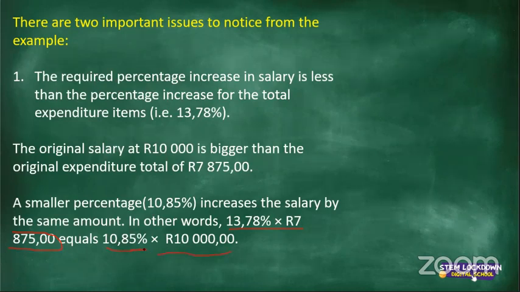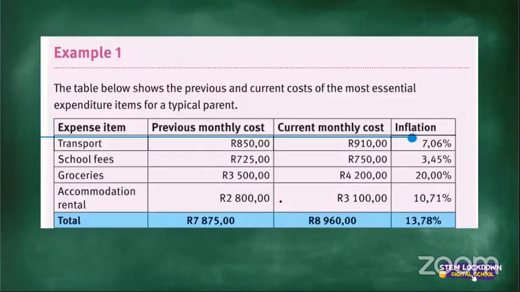You can see that difference, right? Those ones we are noting. This is where the 13.78 is coming from. 13.78% multiplied by the original 7,875.